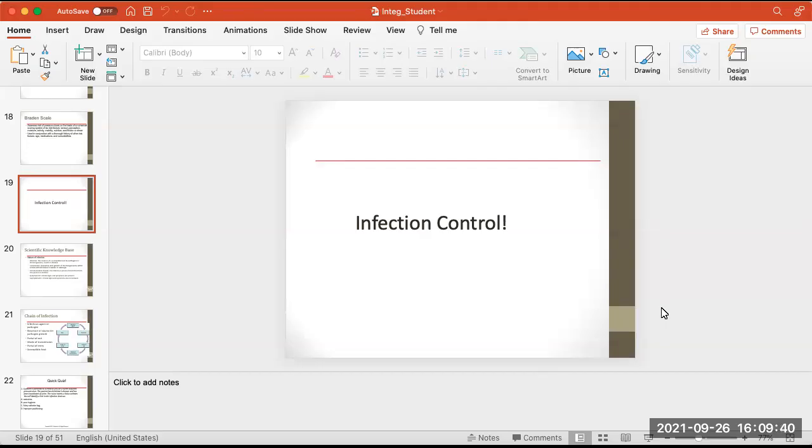The purpose of this talk is not for you to become an expert in infection control, but for you to become aware and knowledgeable and at least reach the applying stage of Bloom's taxonomy.